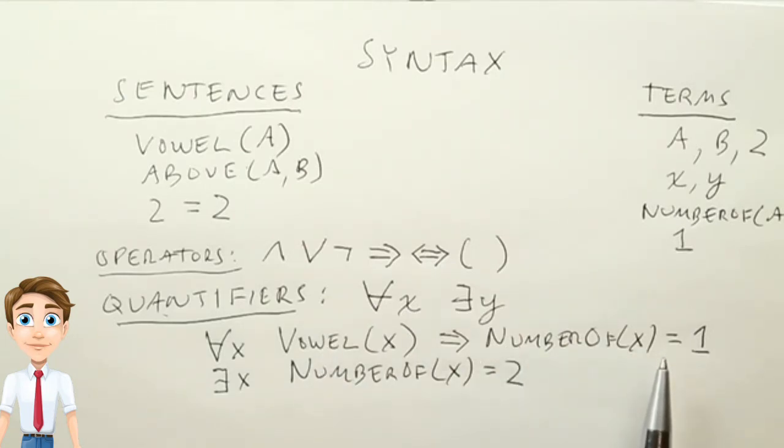The reason is that we usually don't want to say something about every object in the domain, since the objects can be so different, but rather we want to say something about a particular type of object, say, in this case, vowels. And also, typically, when we have an exists quantifier on a variable, that goes with just a conjunction like this, and not with a conditional, because we're talking about just one object that we want to describe.